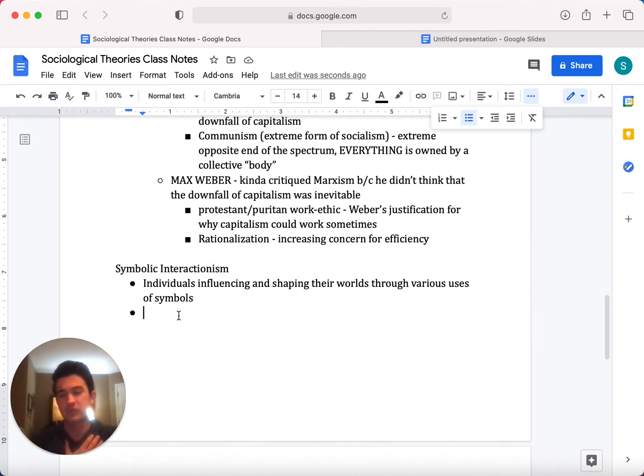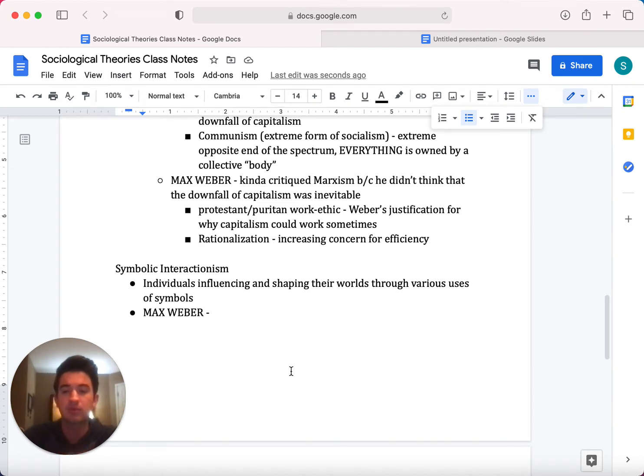Like I said before, Max Weber threw his 2 cents in here too. I'm going to talk about what he said that laid the groundwork for symbolic interactionist theory. Although you can think of Weber when you think of conflict theory a little bit, he was a proponent of the idea that individuals act according to the meaning of their world.